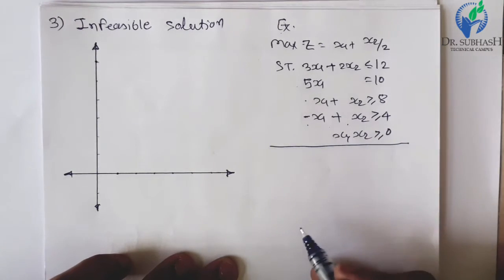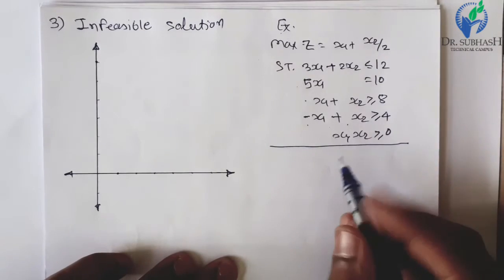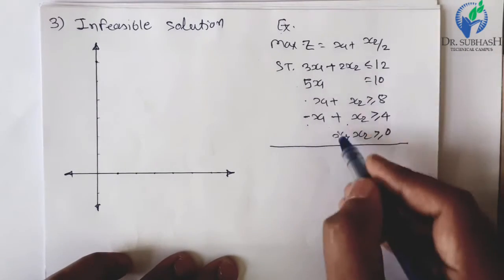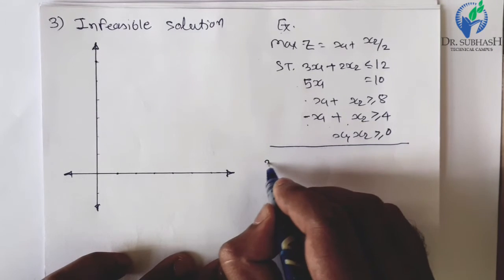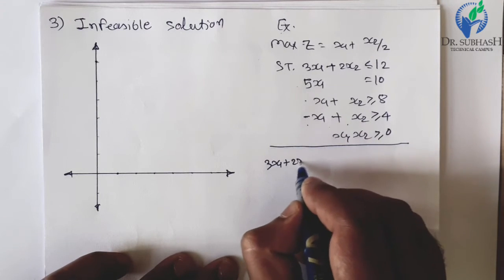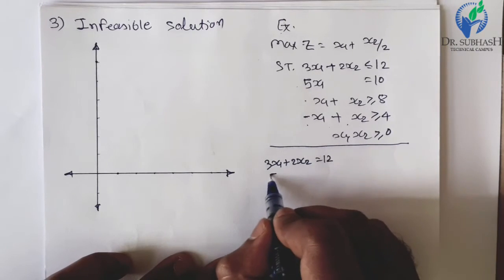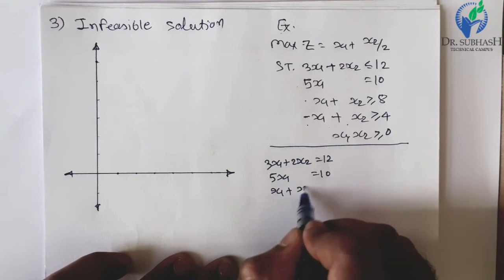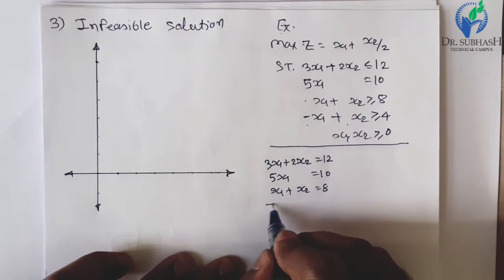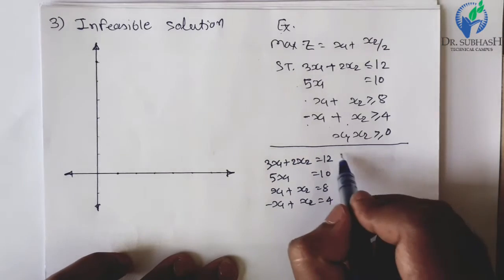And last, the non-negativity condition. So for this problem, as per our usual method, first consider all these constraints as equations. So it will be 3x1 plus 2x2 equal to 12, 5x1 equal to 10, x1 plus x2 equal to 8, minus x1 plus x2 equal to 4.